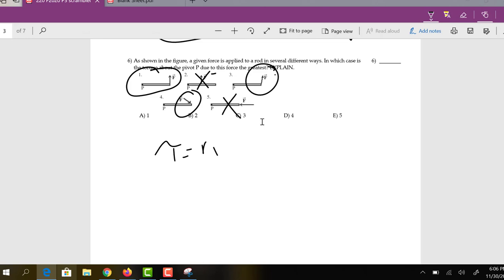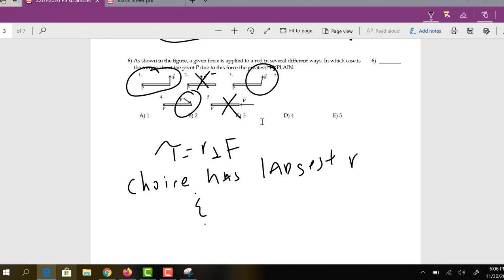Torque is R perpendicular F. Choice 1 has the largest R, and it's perpendicular, and F is perpendicular.